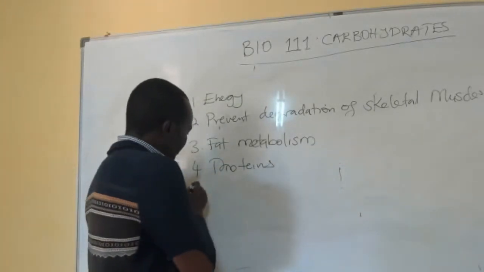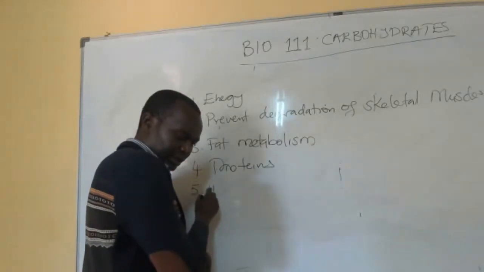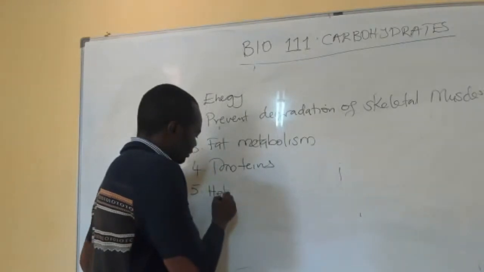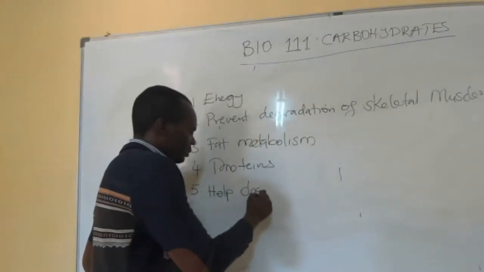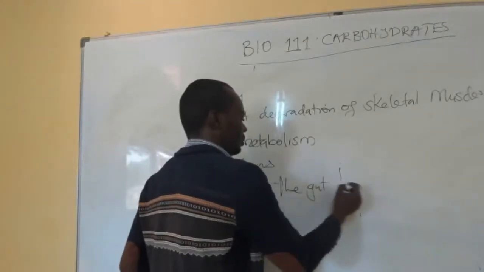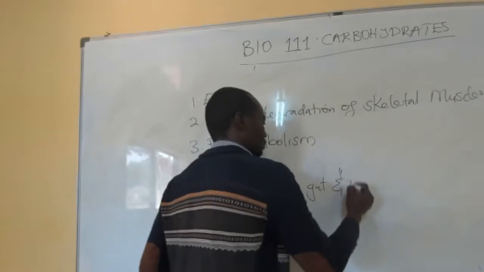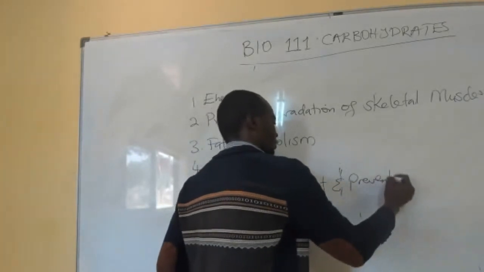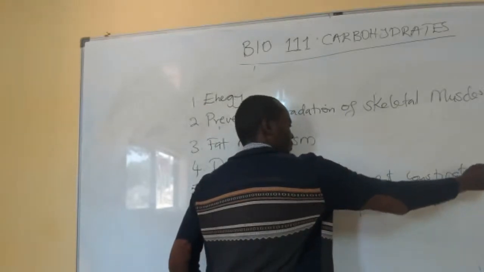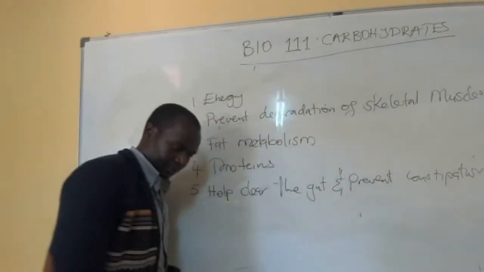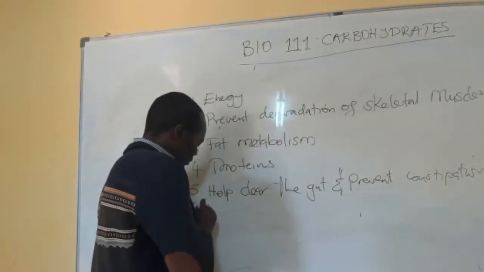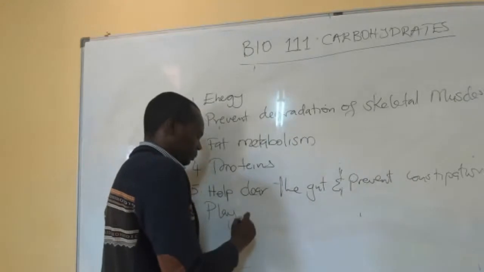Some carbohydrates, as I said, help clear the gut and prevent constipation. I talked about cellulose, right? Some help clear the gut and prevent constipation. They also play major roles in cellular recognition.